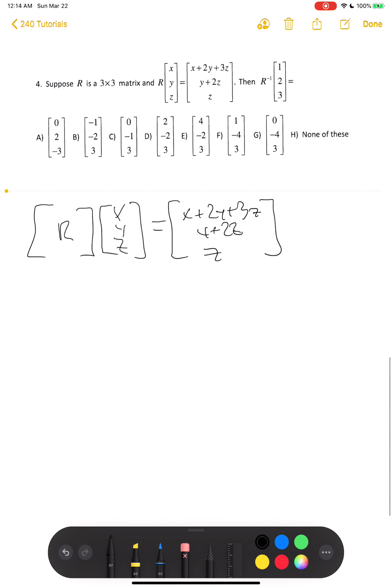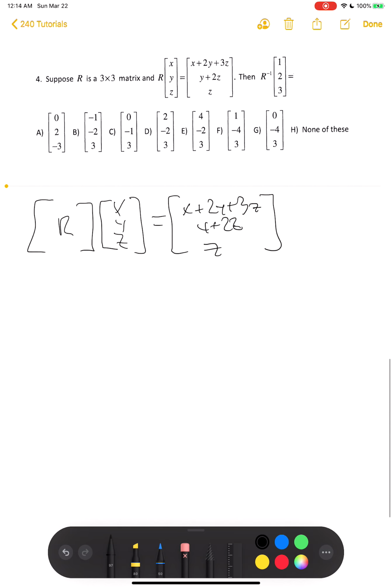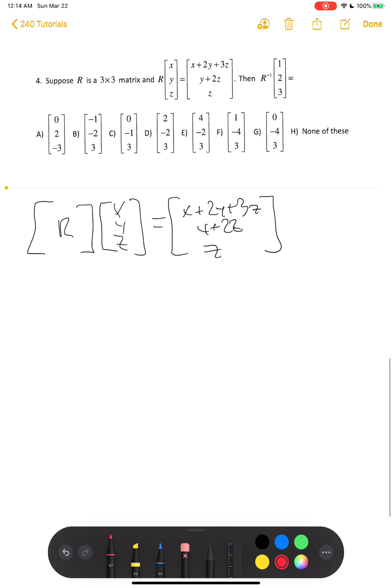So what I like to do when I have to set up something that looks like this is I like to make sure the sizes are going to match up. So I don't know exactly what size R is. If you get really good at this, you can guess immediately. But I know this xyz vector here is a 3 by 1. And what I'm left over with is a 3 by 1 as well.